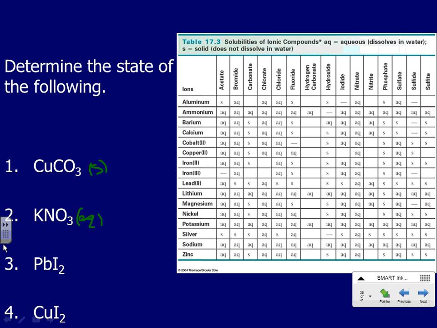Lead 2 and iodide. What is it? Lead 2 iodide? Solid. That's going to get a solid. So if I were to get lead 2 ions in the solution and iodide ions in the solution, that's going to form a precipitate.